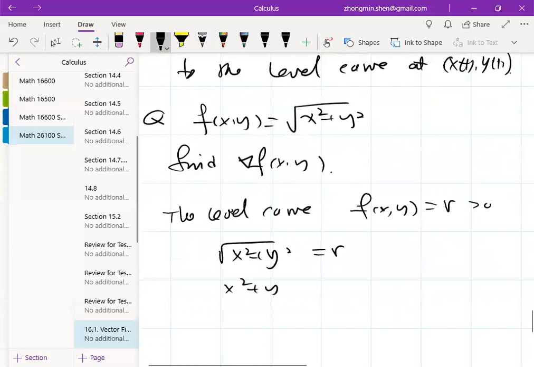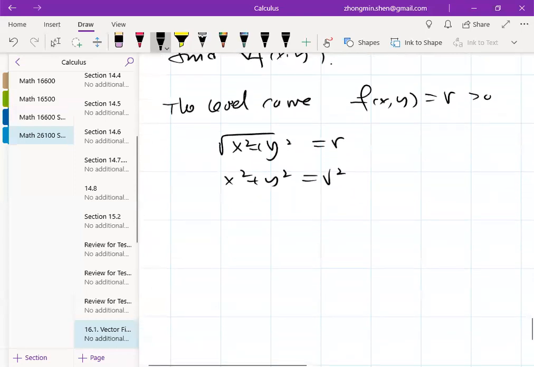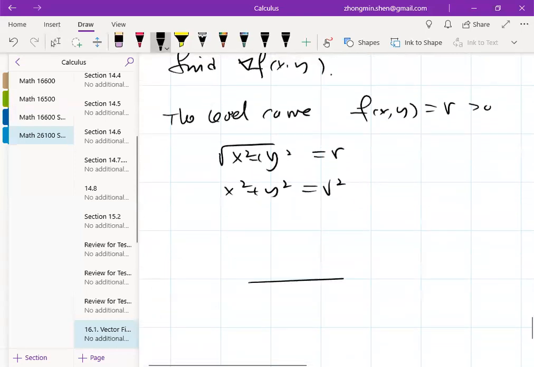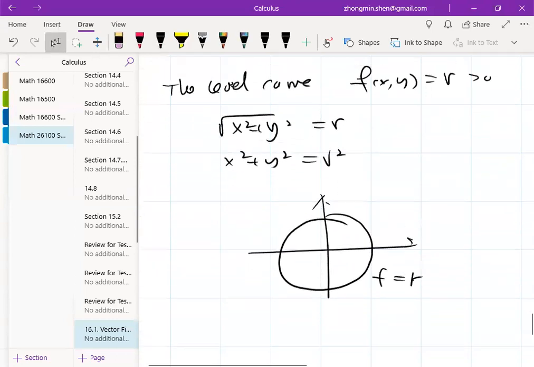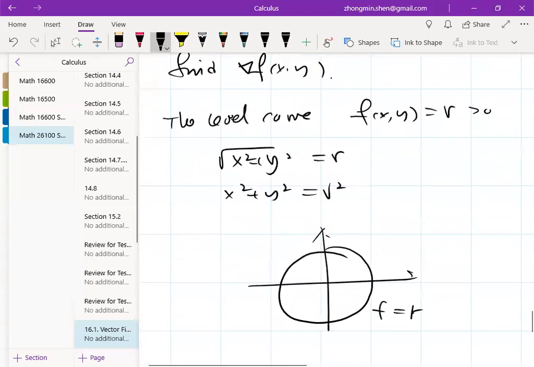So that means x squared plus y squared equals r squared. That's the equation for the circle. So the level curves are circles with radius r. Okay? And so the gradient must be perpendicular to the circle. Perpendicular to the circle means it's a multiple of the vector.